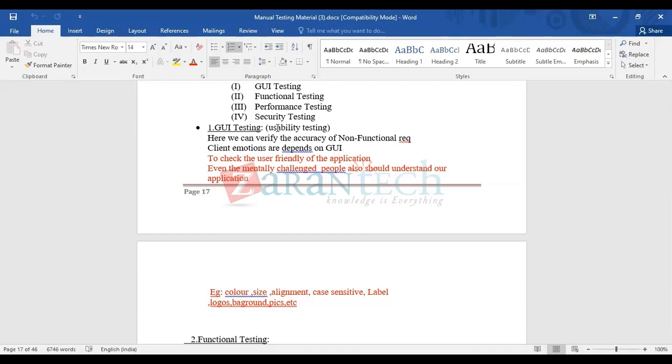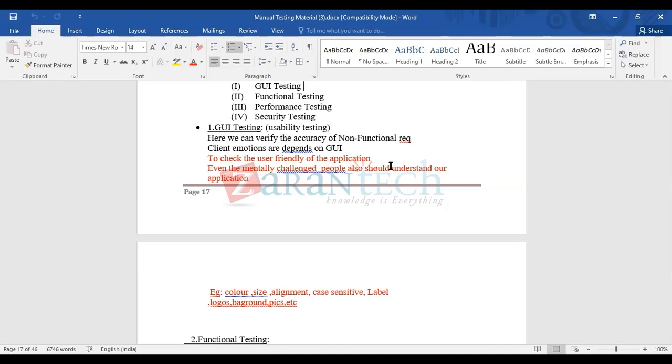All these belong to GUI requirements. What is GUI? G stands for graphical, U for user, I for interface: graphical user interface.